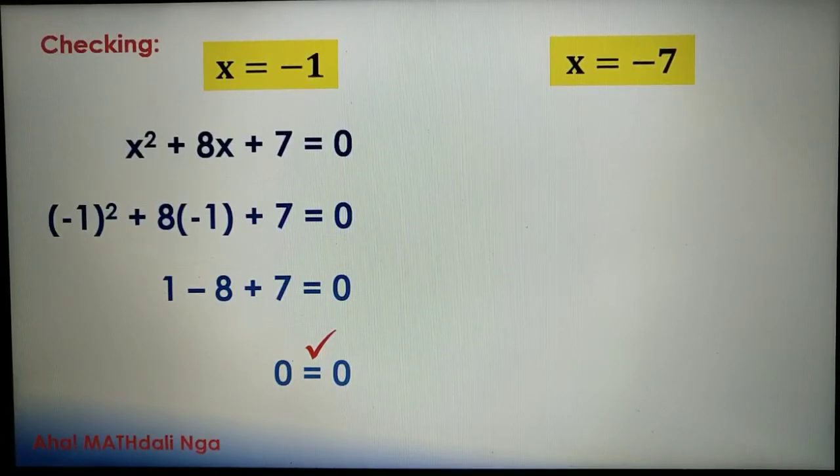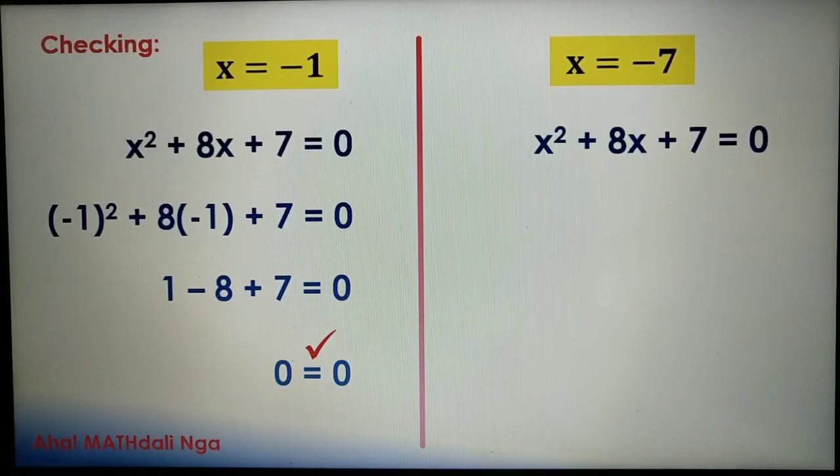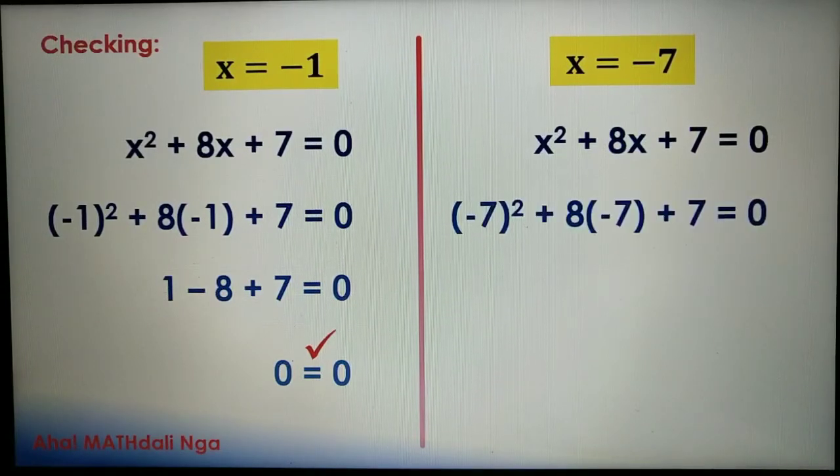How about negative 7? Let's try. X squared plus 8x plus 7 equals 0. We will substitute negative 7 to this equation. So we have the square of negative 7 plus 8 times negative 7 plus 7 equals 0. Let's simplify.